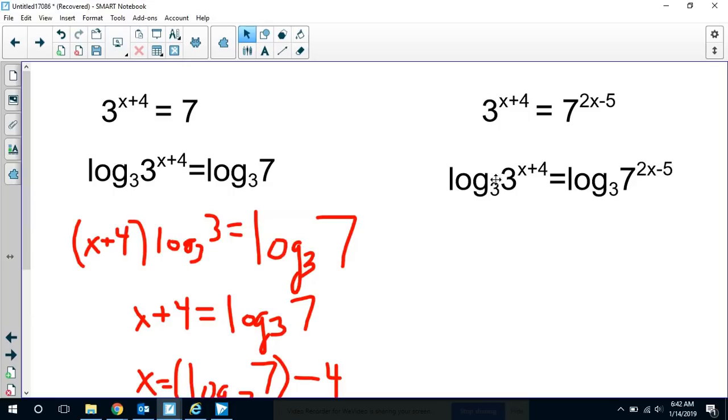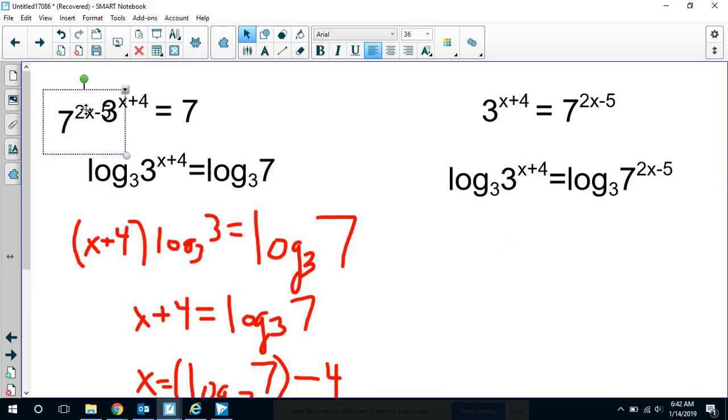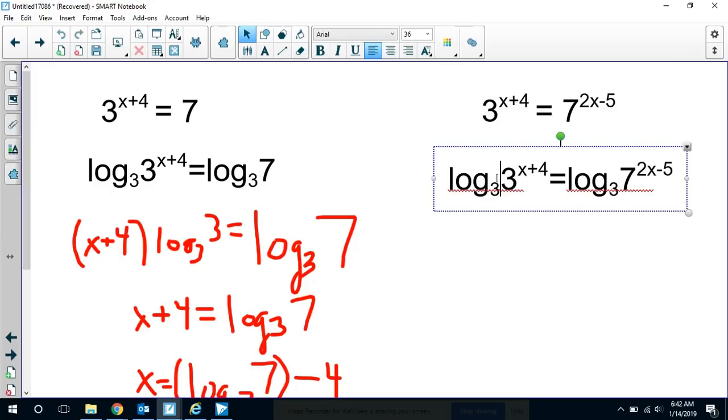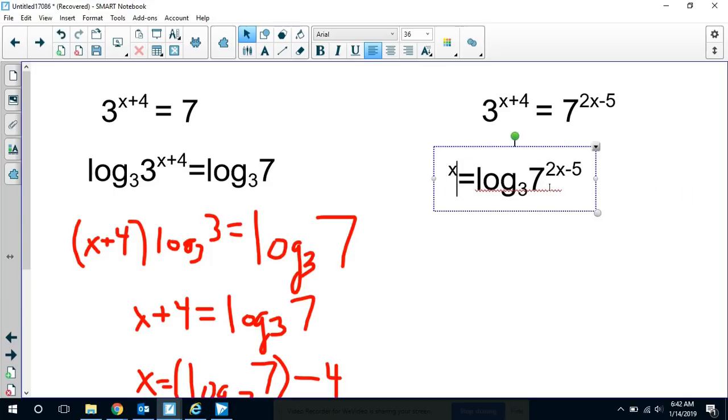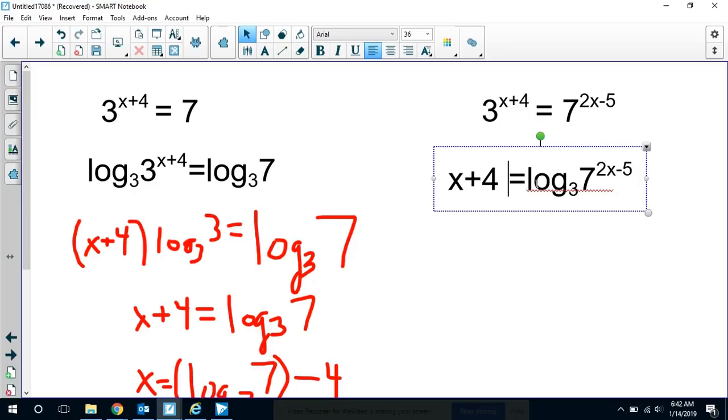We know from the previous problem that the left side of this ends up being x plus 4. And then the right side of this is log base 3 of 7 to the 2x minus 5.